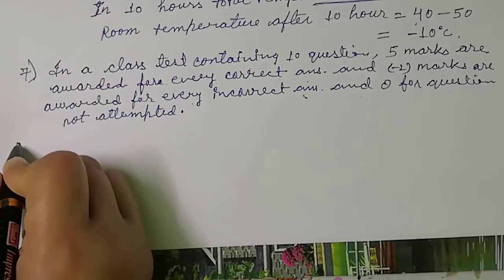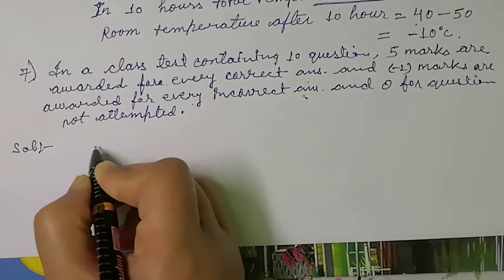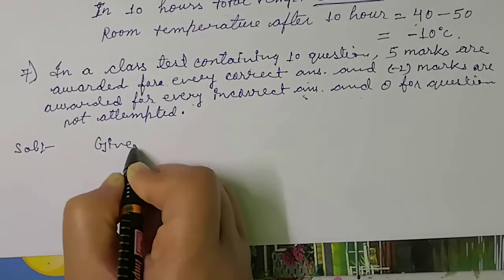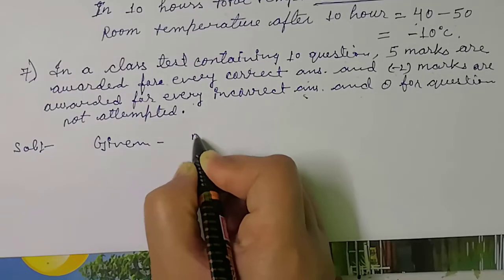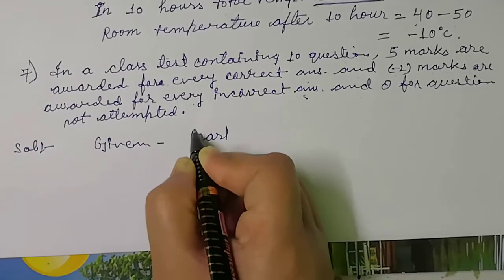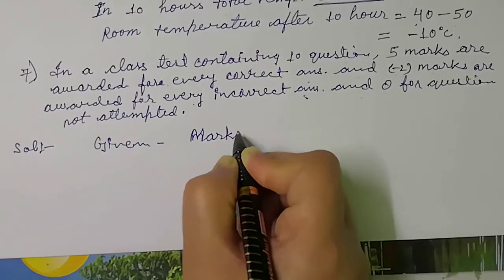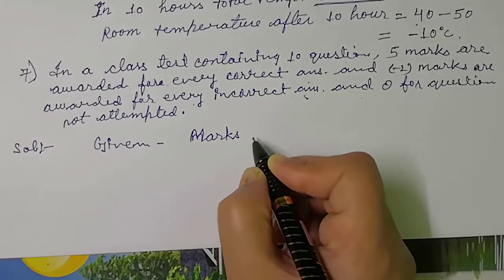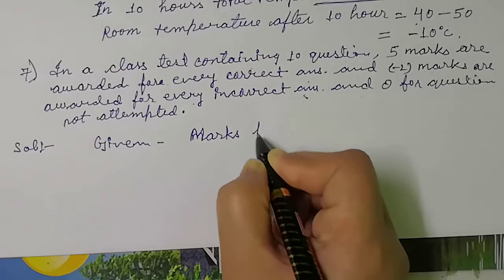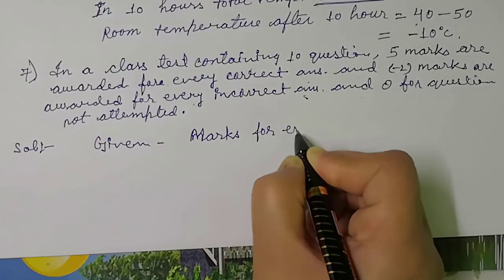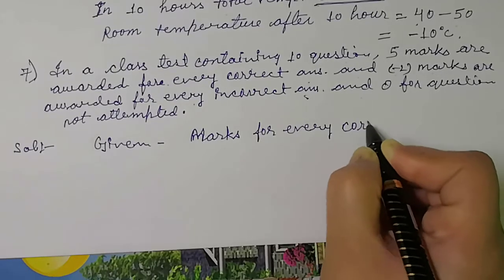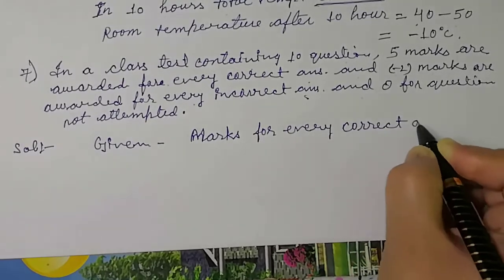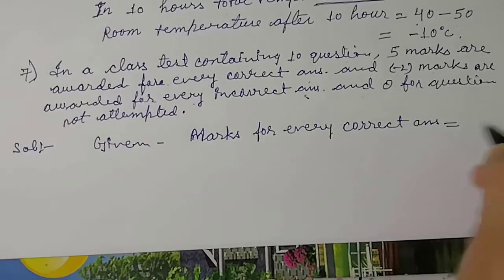Now let's see, question number 1 is given. First of all, we solve here. We will write what is given. Given is: marks awarded for every correct answer is equal to 5.